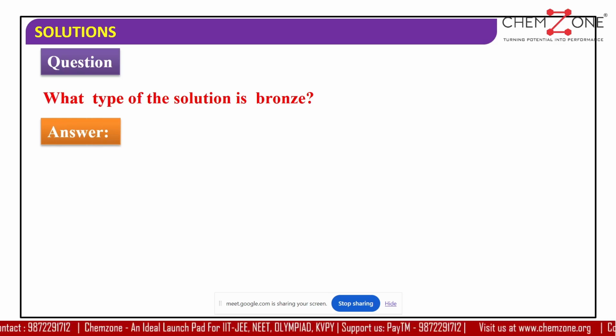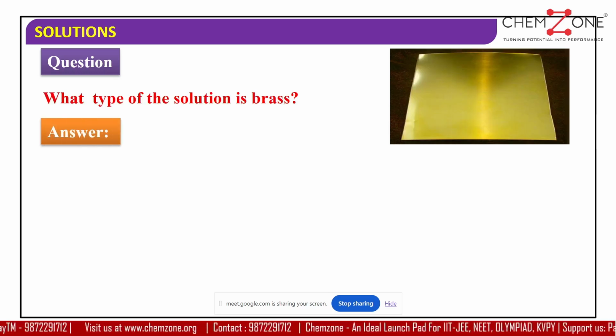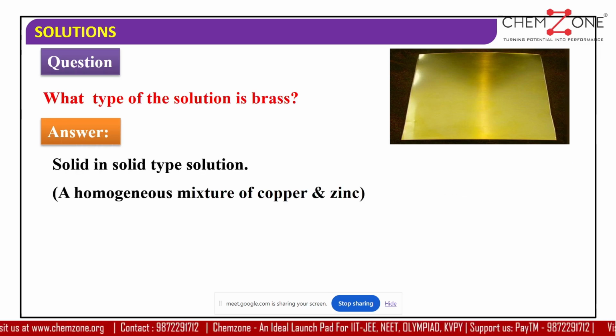Bronze is copper and aluminium. So it is a solid and solid solution, that is copper and aluminium. So it's solid in solid, right? Yes, sir. And what about brass? It's a solid and solid solution. The components are copper and zinc, right? Zinc.